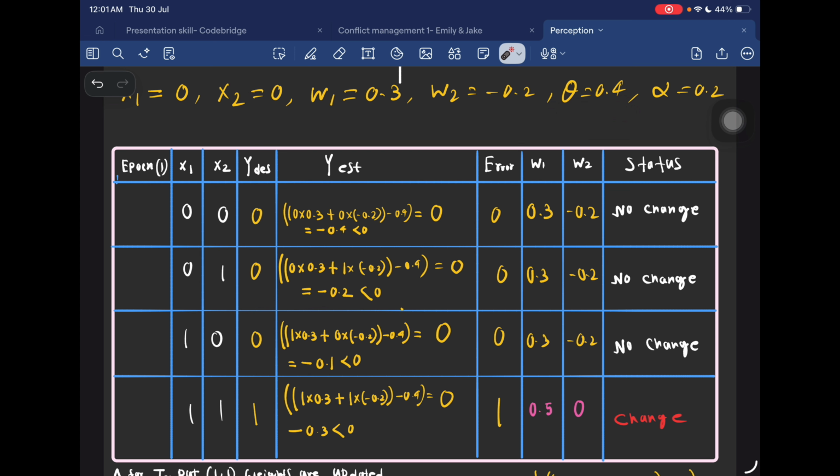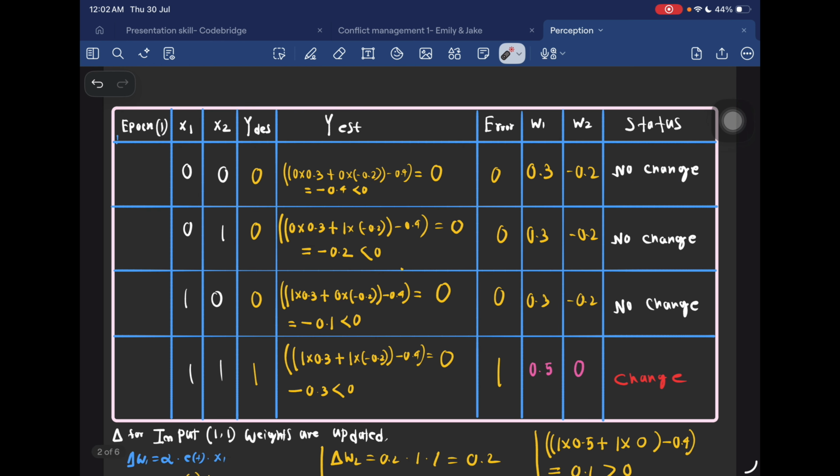This is less than 0, so we accept it as 0. What about the error? The error is y desired minus y estimate. Y desired is 0 and y estimate is 0, so the value is 0. So there is no change in the weights, 0.3 and minus 0.2.